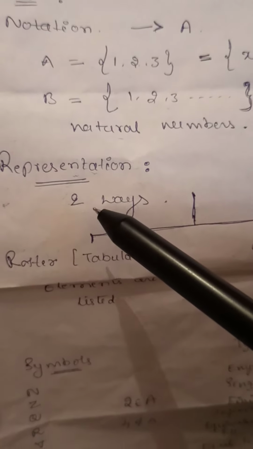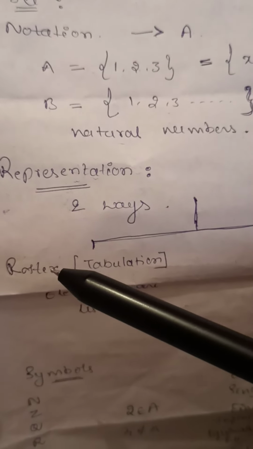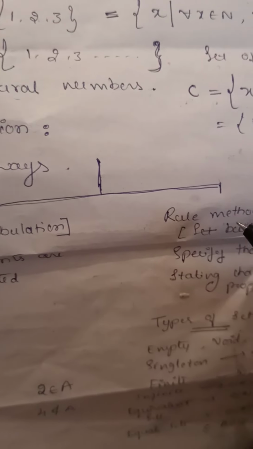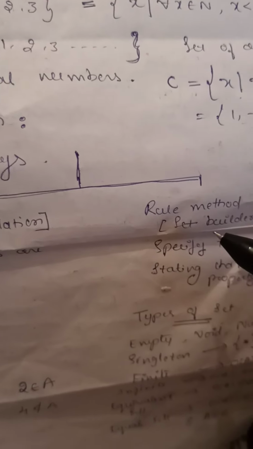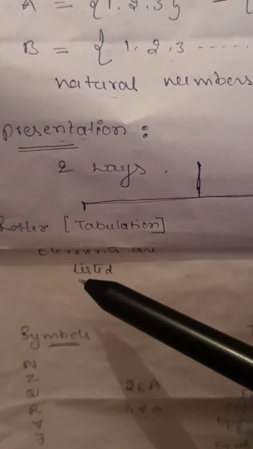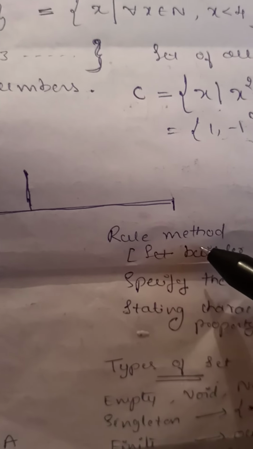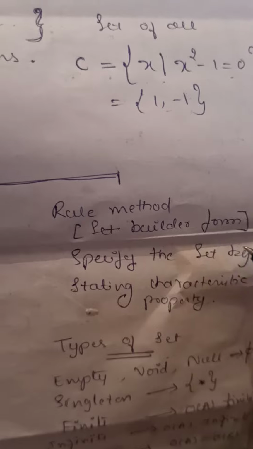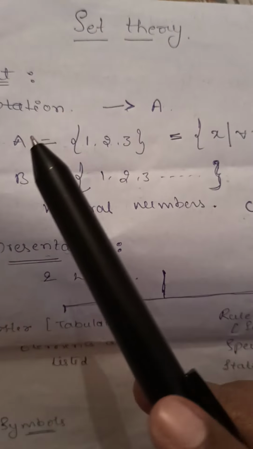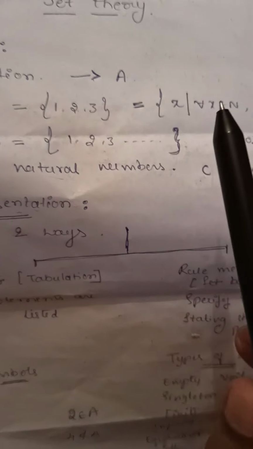There are two ways of representing a set. One is roster method, also called tabulation method, and another one is rule method, also called set builder form. In roster method, all the elements of the set are listed, whereas in rule method, we specify the set by stating a characteristic property. You can see in this example, here I have represented A in two forms.